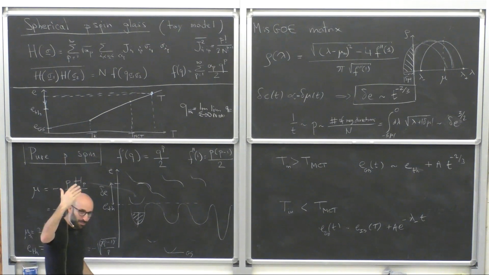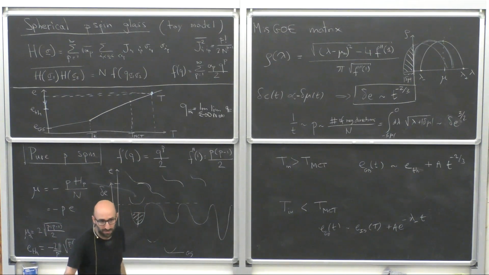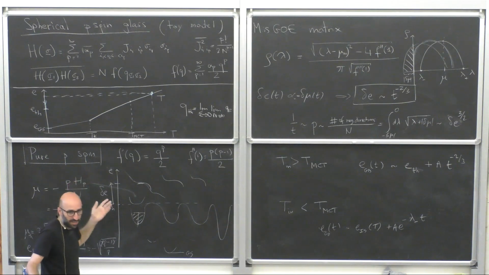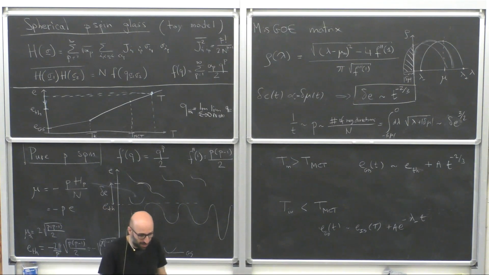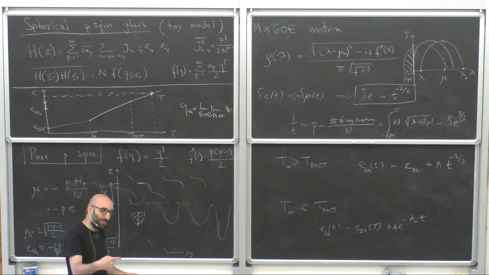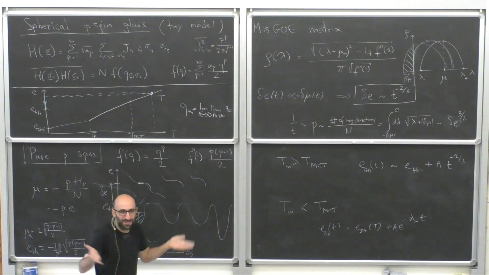So it diverges much faster than in a normal second order phase transition, which means that you cannot go very close to Tk anyway. So you fall out of equilibrium before. In a normal phase transition, like in a ferromagnetic case, you know how to prepare the equilibrium states below Tc. Here we don't know, because we don't know the minima below Tk. So from above we are stuck because the dynamics is slow, and from below we cannot go because we don't know how to.